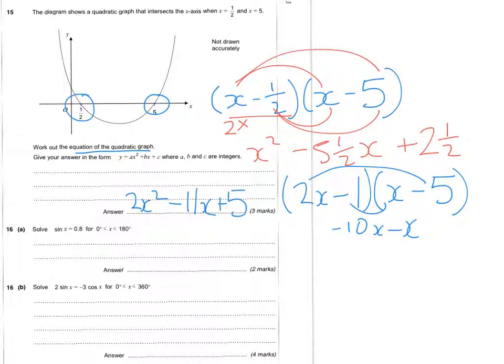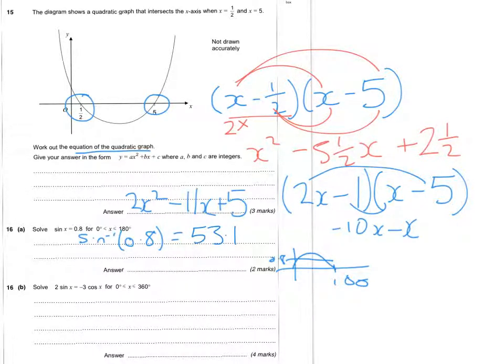5. Solve sin x equals 0.8 for 0 to 180. So sin, that's 180, 0.8. So my first solution, sine inverse of 0.8 from my calculator is 53.13.